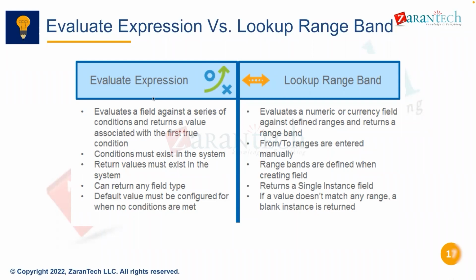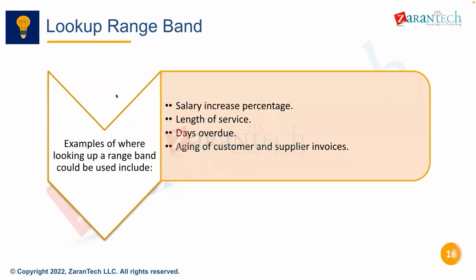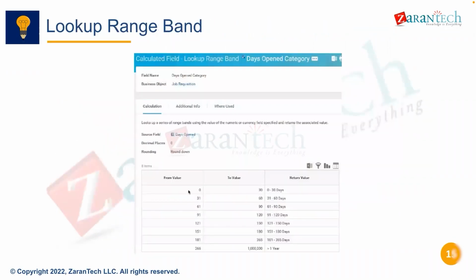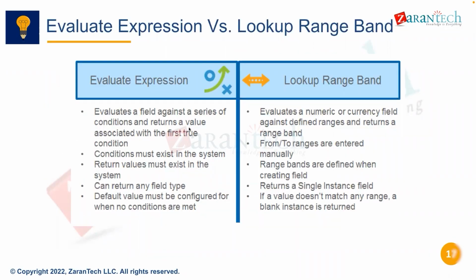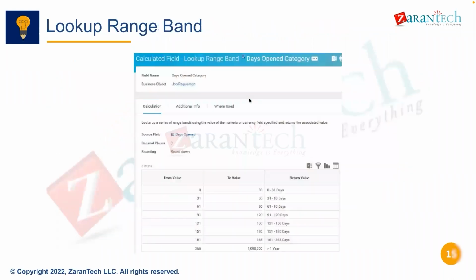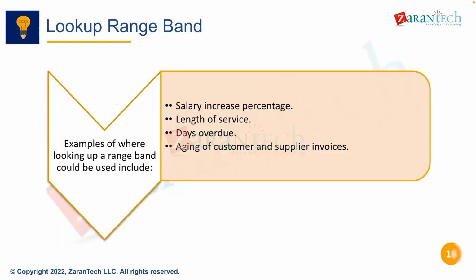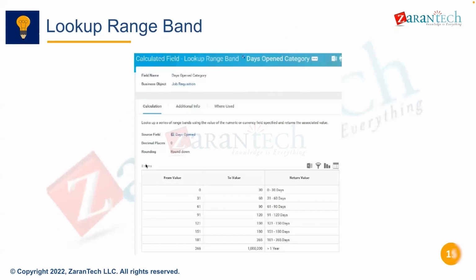So you can also create a calculated field with a true and false condition saying, if the number of days ranges from 0 to 30, give me this particular range. I can actually do it as part of the evaluated expression. So where does the lookup range band really come into play? We'll see it once we create those fields, but just for a short description, it comes in handy because it has a from and to value already specified.